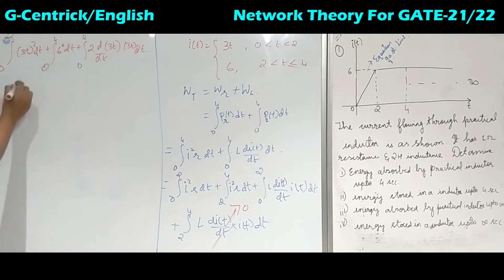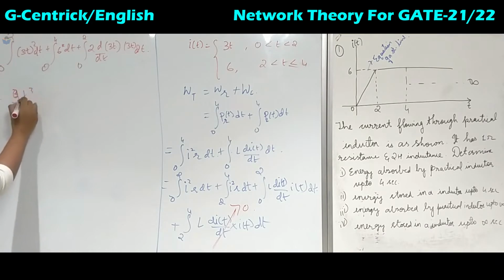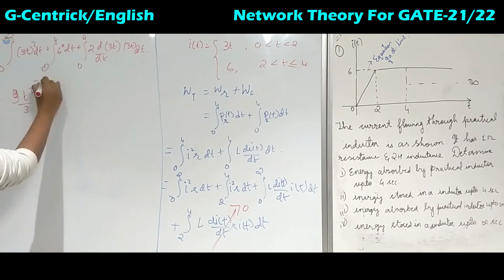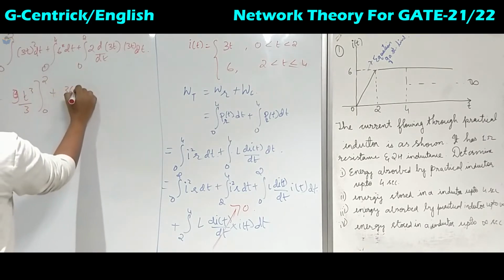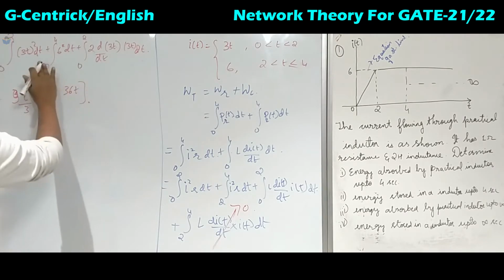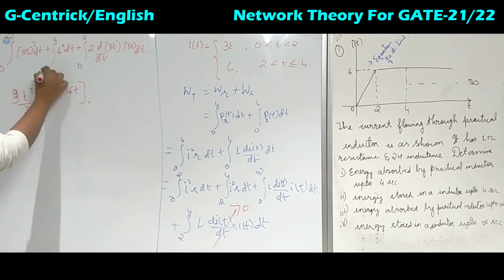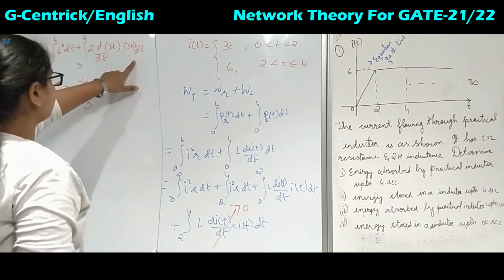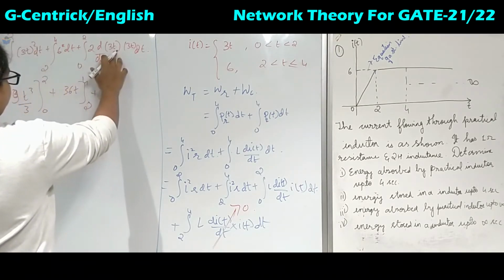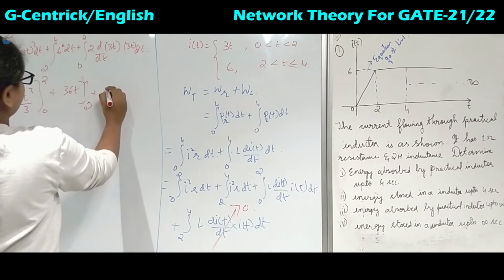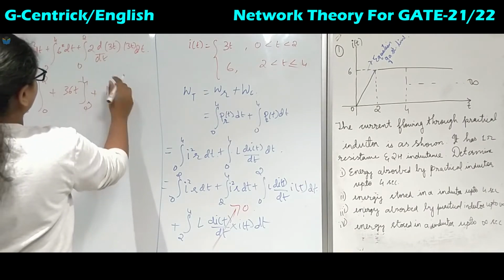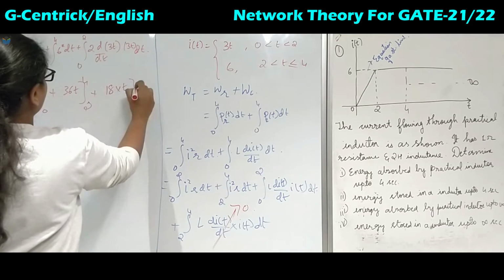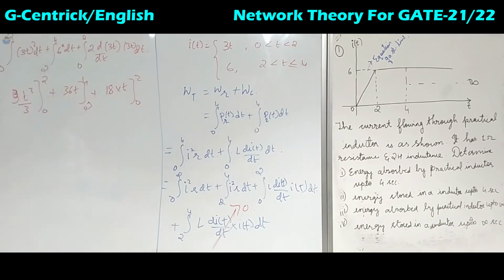Okay. So now integrating, 9t cube upon 3 from limit 0 to 2, plus 36t from 2 to 4, plus 2 into 3, that is 6, 6 into 3 is 18, and the integration of this is t, so 18 into t from 0 to 2. Okay.